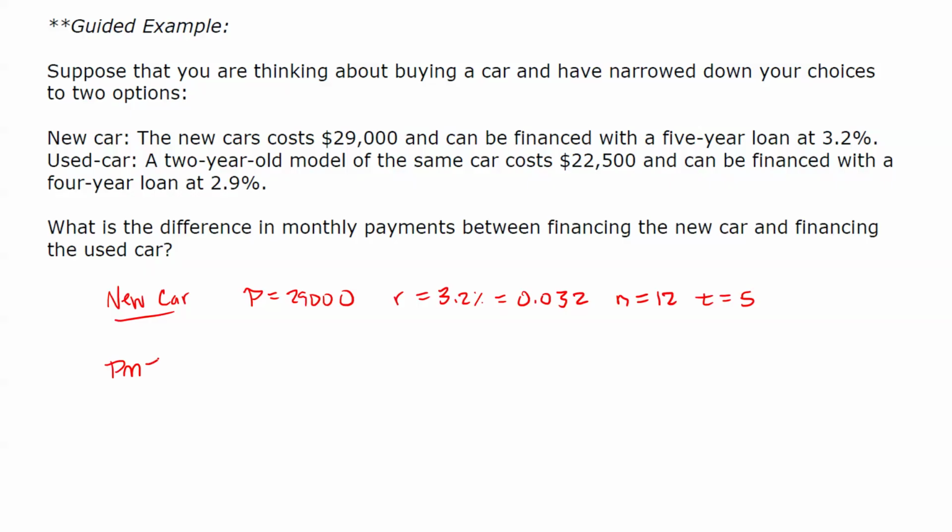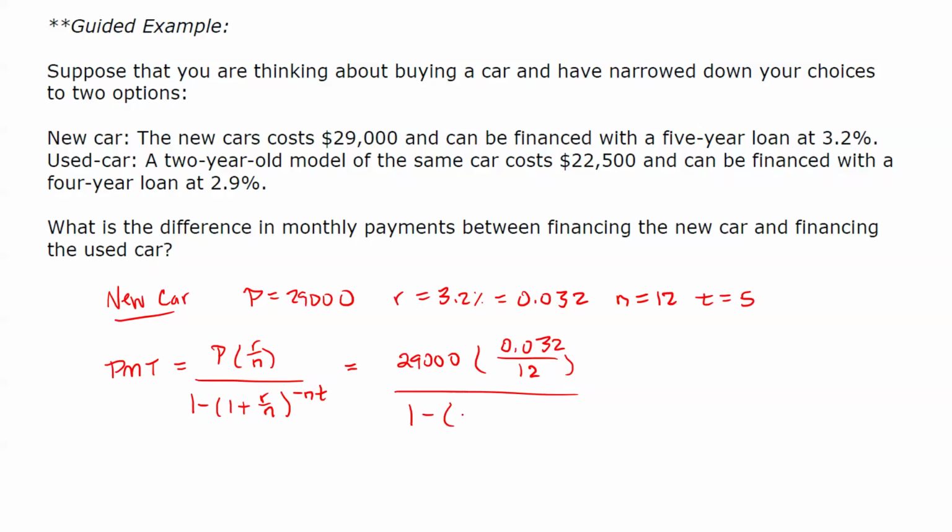So our PMT is P times R over N, divided by 1 minus 1 plus R over N raised to the negative N times T. So substituting in our values, we'll have 29,000 times 0.032 divided by 12, all of that divided by 1 minus 1 plus 0.032 divided by 12 raised to the negative 12 times 5.